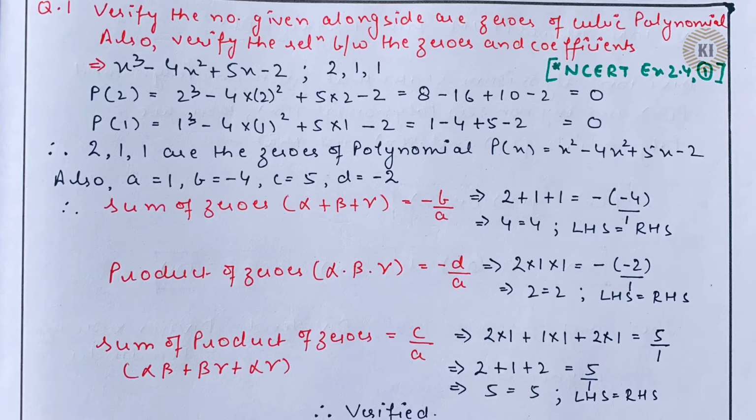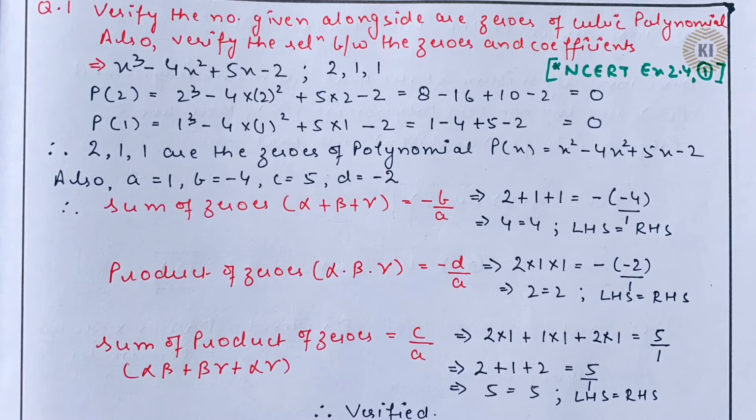That means if I am substituting 2 in place of x in p(2) and I am getting 0, it will be a zero of the polynomial. So as you can see, p(2), the value is coming 0. So it is a zero. P(1) also, if I am substituting, you can see the value I am getting is 0. So we have verified that 2, 1 and 1 are the zeros of the polynomial.